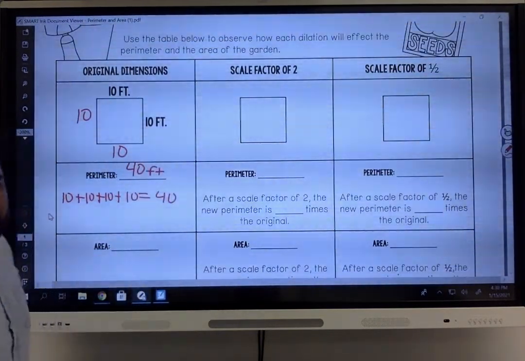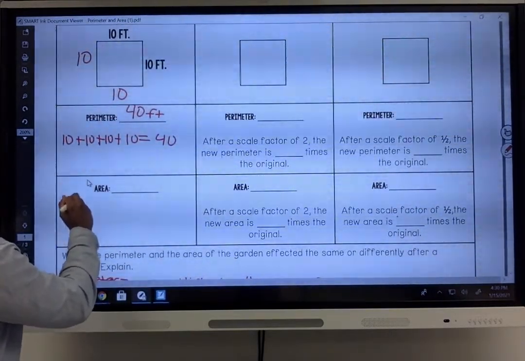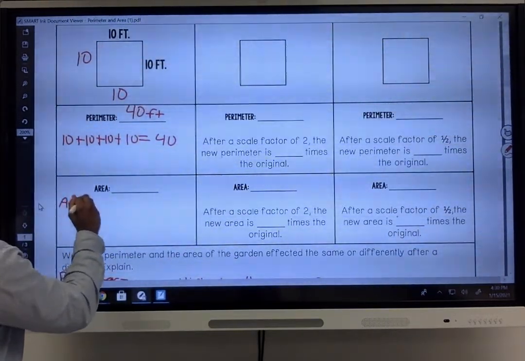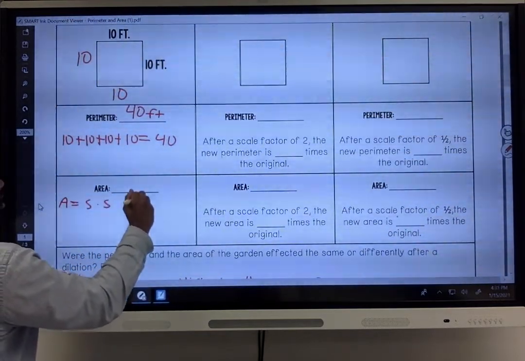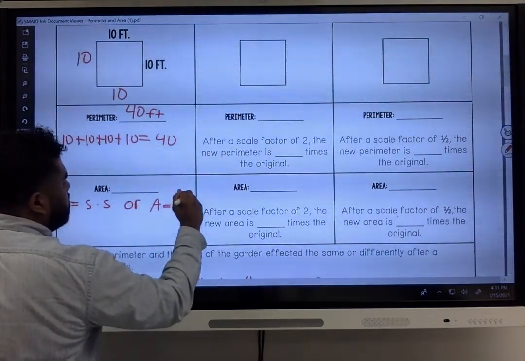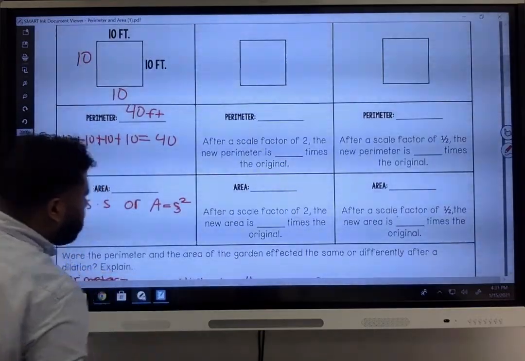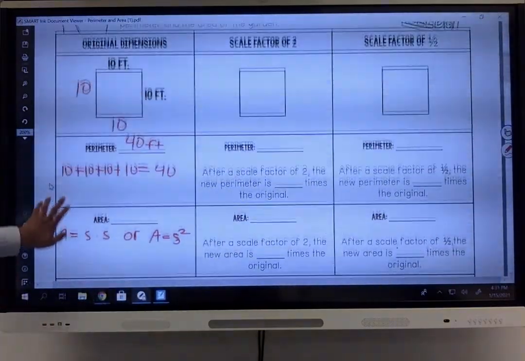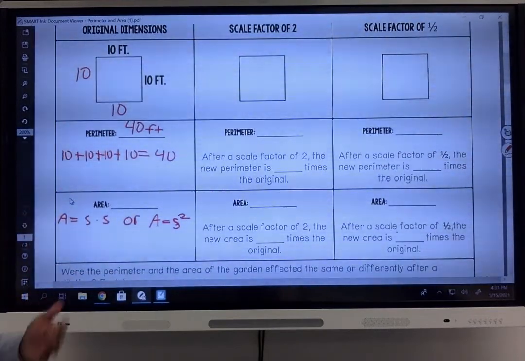Now our area is going to be side length times side length, or you can write area as side squared. Let me go ahead and write that. Our area is going to be our side length times our side length, or length times width, whatever you want to say.